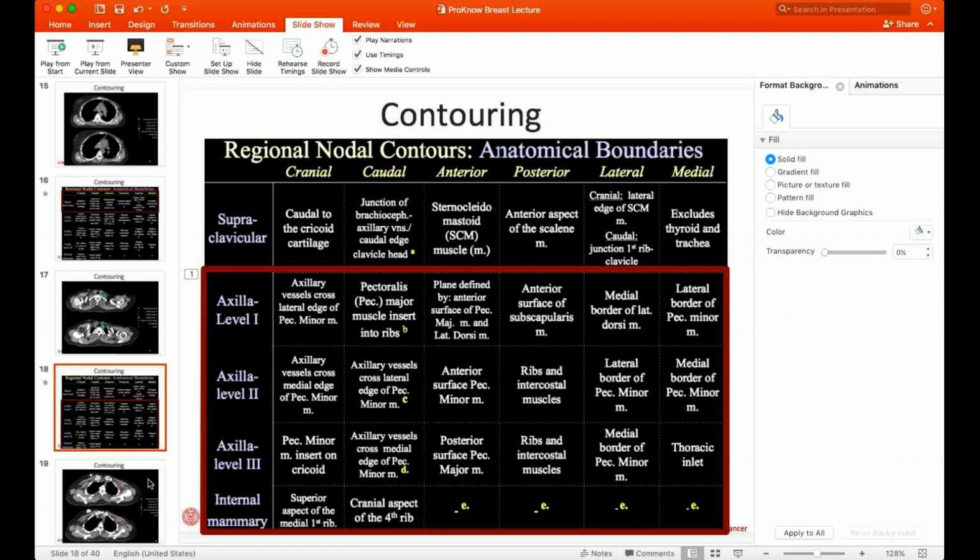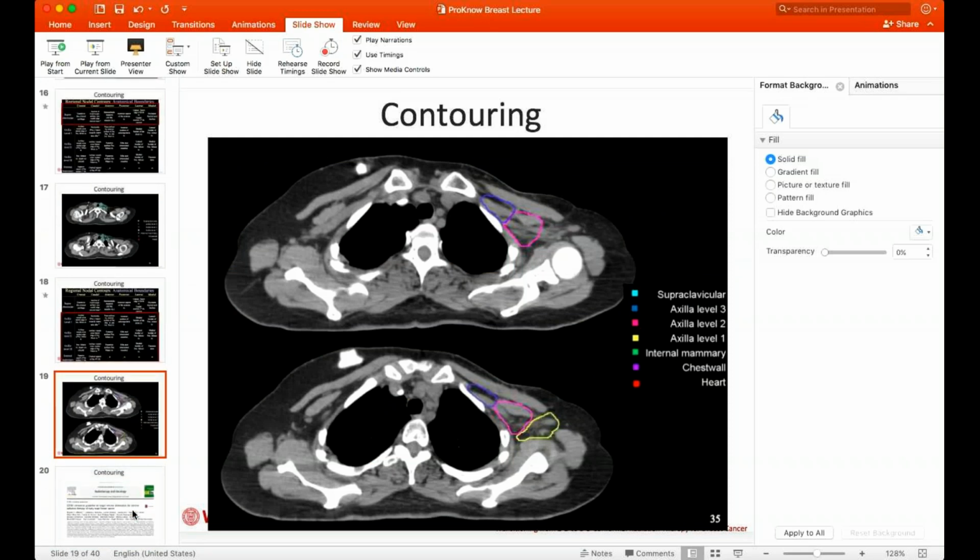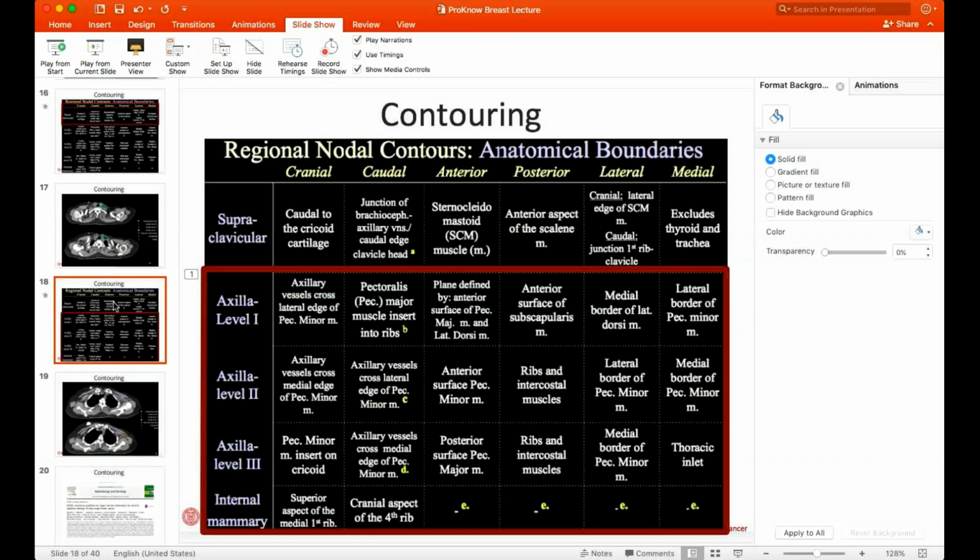So what I do is I scroll through until I've found the coracoid process, which is where the axillary level 3 inserts. It's not the cricoid, it's the coracoid. So hopefully I'll be able to show you that towards the end of this session.